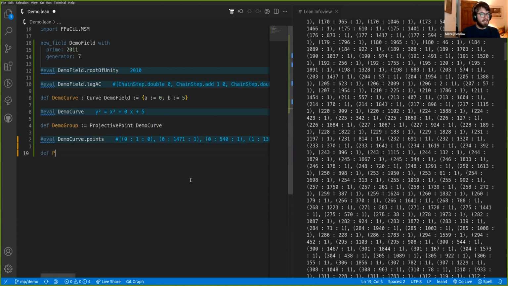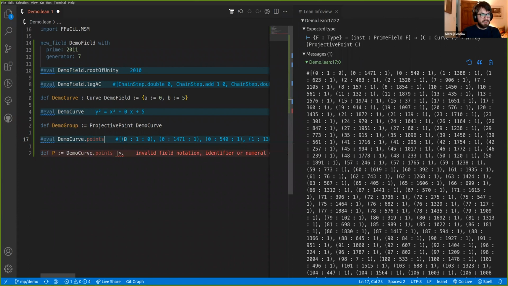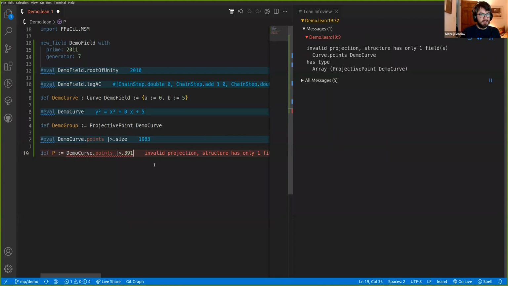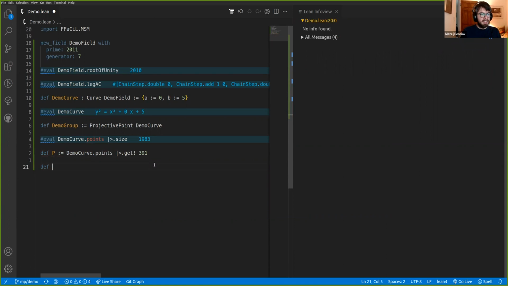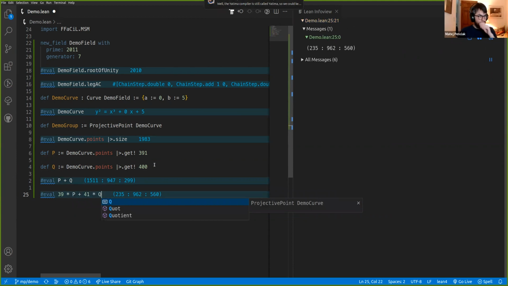So say, for example, let's say, how many points are there in this elliptic curve? This is size 1983. So let's take, say, the 391st point as P, and say the 400th point as Q, and we can evaluate P plus Q. We can evaluate 39 times P plus 41 times Q, and we can do very quick arithmetic operations like this.